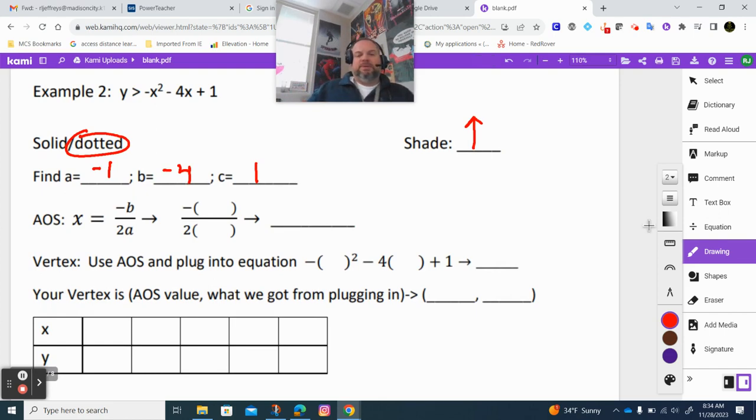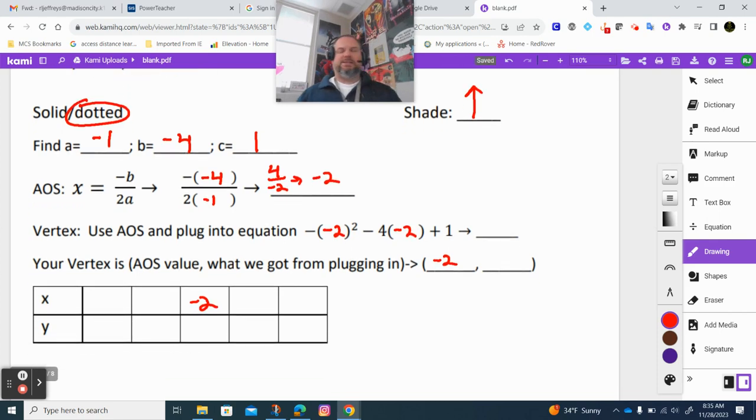All right. So we plug stuff in. Plug it in, plug it in. -2. All right. So we get an X value of -2. So this is where Mr. Jeffries goes crazy with all the X values because I put them in exactly where they all need to go. And it happens to be just like everywhere.